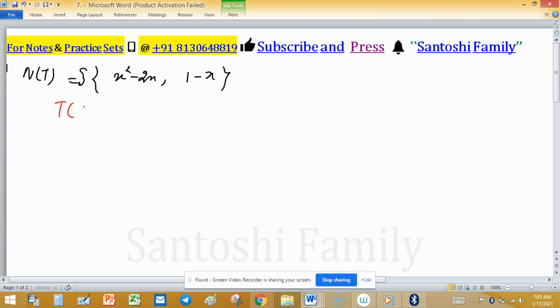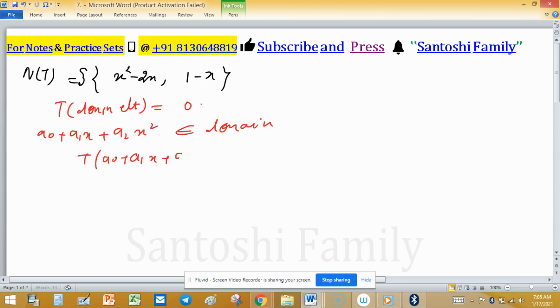If any element in the domain is sent by T to 0, then it is in the null space. So if a naught plus a1 x plus a2 x square is a domain element, then T of a naught plus a1 x plus a2 x square equals 0.